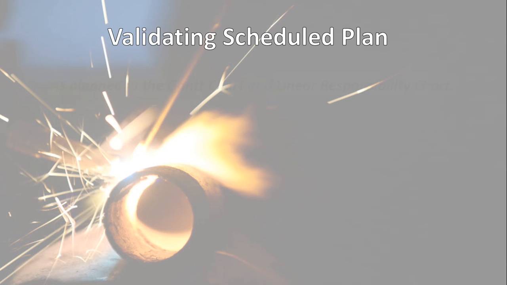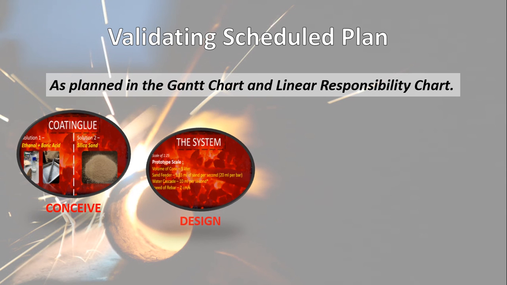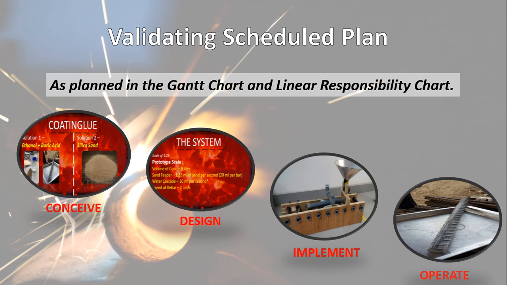Here comes the executing part. If you go as planned in the Gantt chart and the linear responsibility chart, there will be 4 phases, 4 sections: the conceive, the design, the implement, and the operate. In the conceive part, we used brainstorming and other thinking techniques to generate designs to help reduce the mildew.